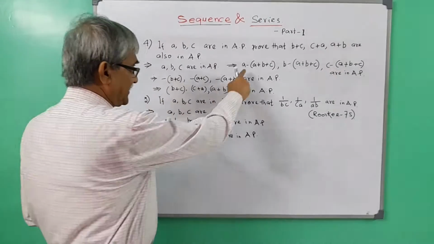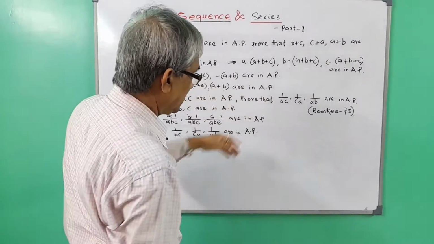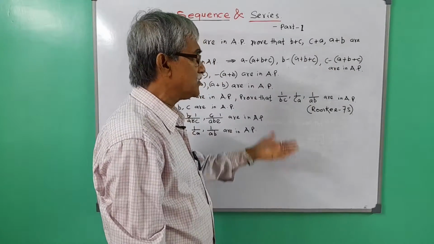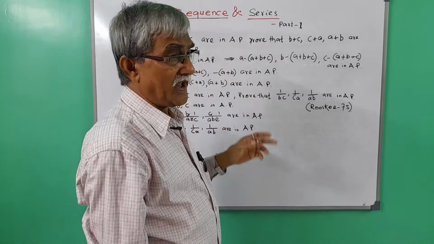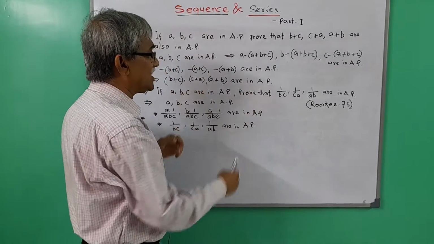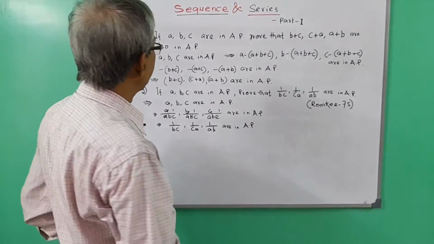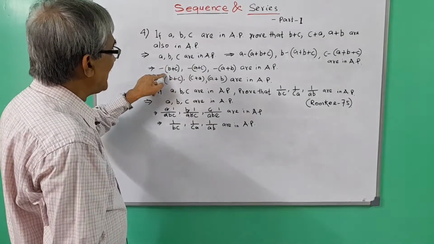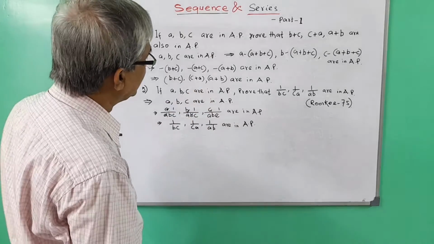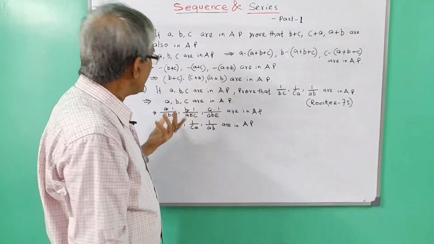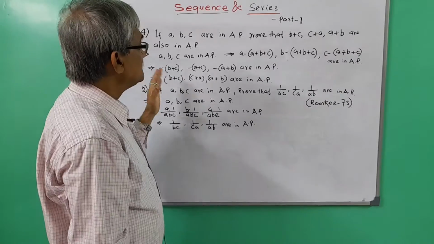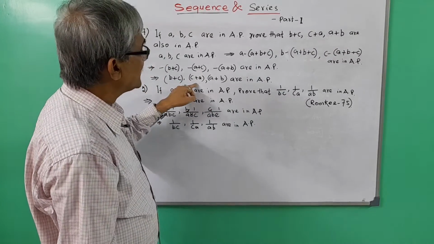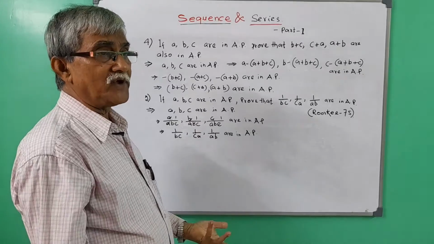Therefore, we can say that a minus (a plus b plus c), b minus (a plus b plus c), and c minus (a plus b plus c) are also in AP, since we are subtracting the same quantity a plus b plus c from all the terms. That is, minus of (b plus c), minus of (a plus c), and minus of (a plus b) are in AP. Or you multiply all the terms by minus 1. So this becomes b plus c, c plus a, and a plus b. That will also be in AP.